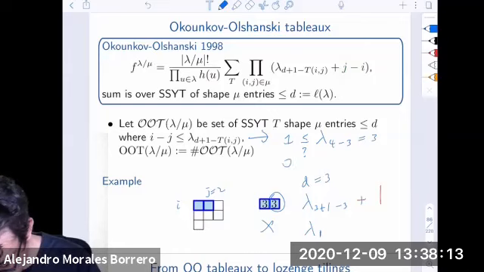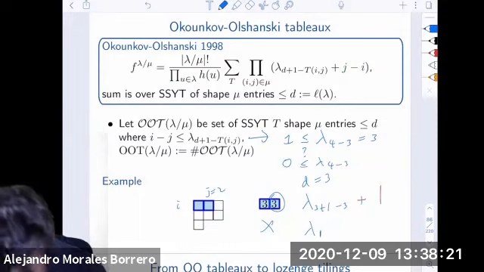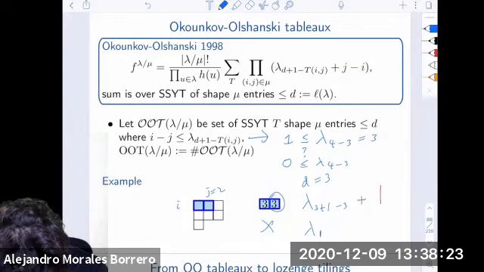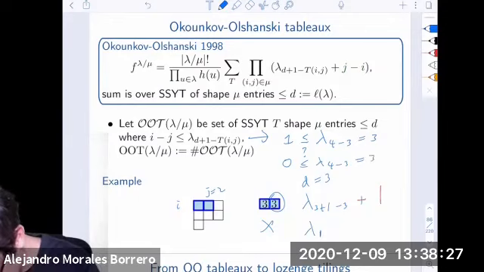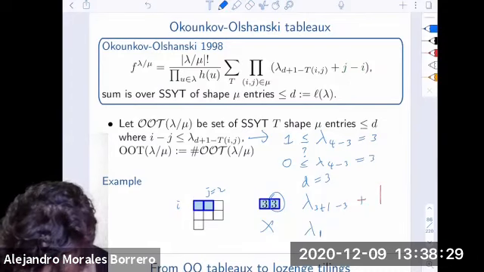And let's check the other one. 0 less than or equal to lambda 4 minus 3, which is also true. So what am I doing wrong here? Wait, this term is not supposed to be here.